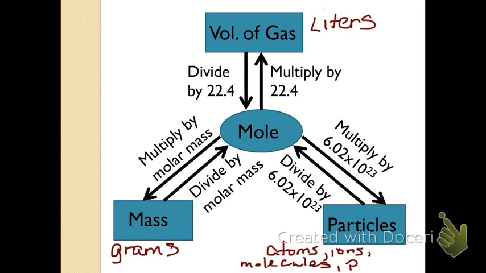We're talking about pieces. Okay? So, the unit for the volume is liters, the unit for the mass is grams, and the unit for particles, well, that depends on what you're talking about, atoms, ions, molecules, or pieces.